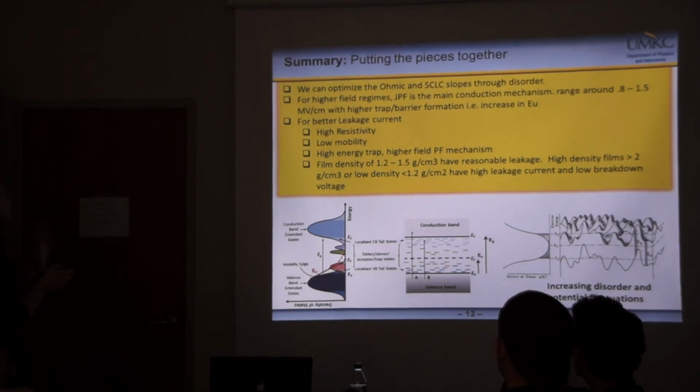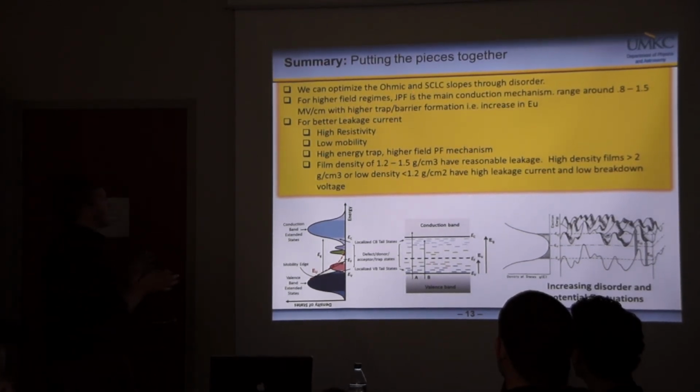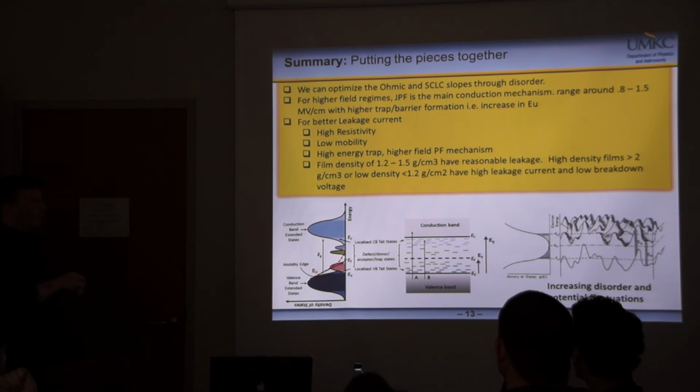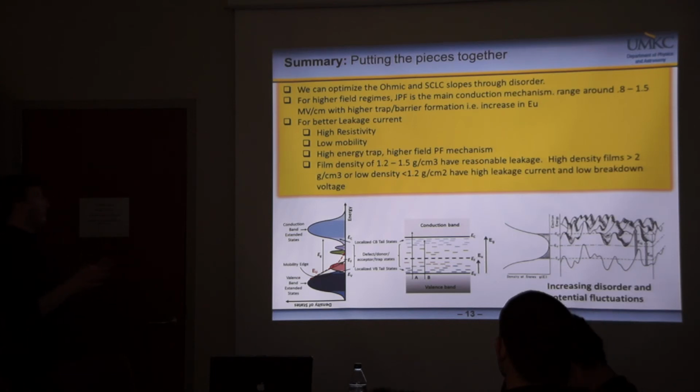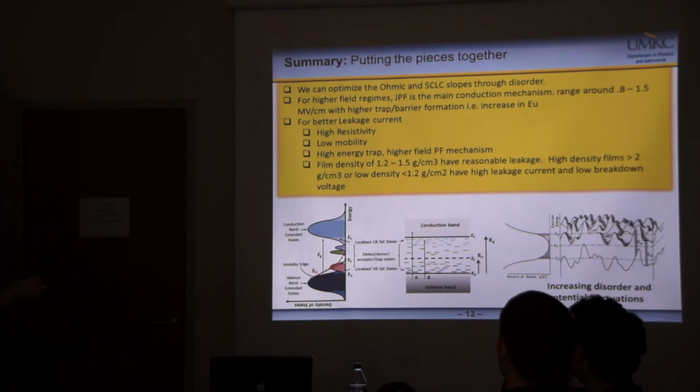And so, in summary, we can optimize the ohmic and space charge slopes through optimizing that disorder. For high field regimes, we know that Poole-Frankel is the leading mechanism. For better leakage current, which is what we're trying to optimize, we want high resistivity and low mobility in the low field range.